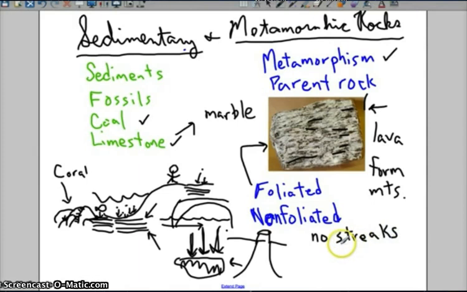Now, there are a couple of reasons why you would have non-foliated rock. One is if it's just one kind of mineral. Scientists have found that it doesn't seem to streak as much when it's just one mineral, or in the case of less pressure. You just don't have as much pressure in some of these metamorphic rocks.